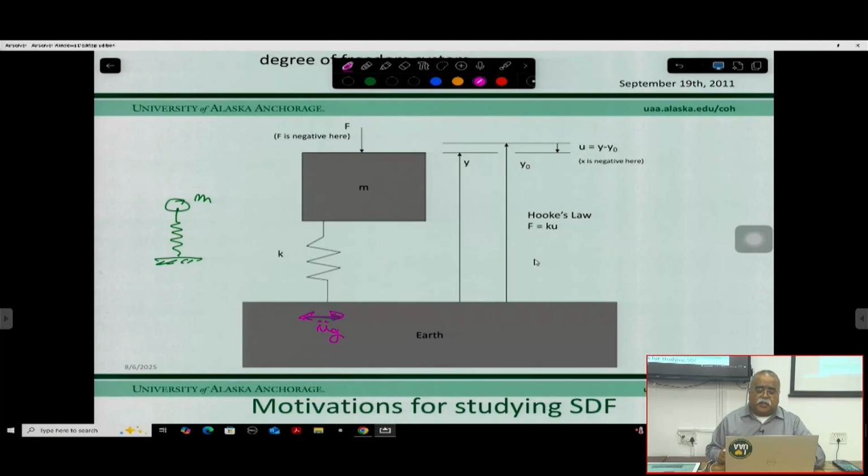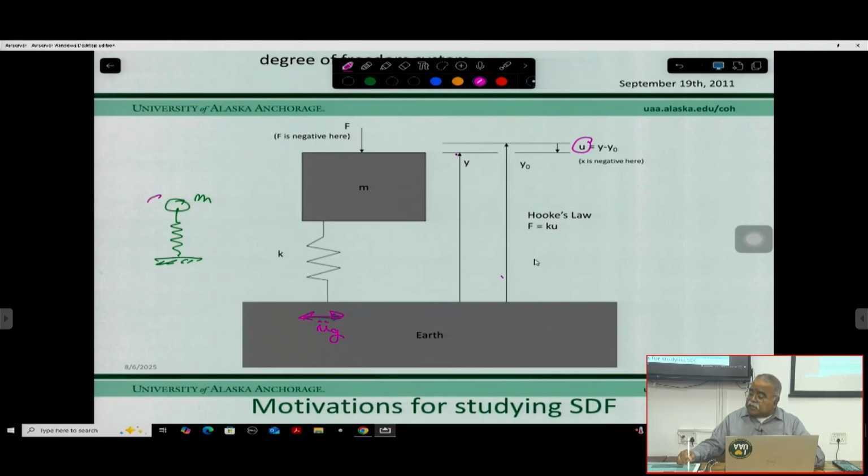G stands for the ground, right? As a result, this mass will oscillate, and earlier it was at a distance y, now it is y0. So there is a displacement u, the displacement of the mass, which equals y minus y0, right?